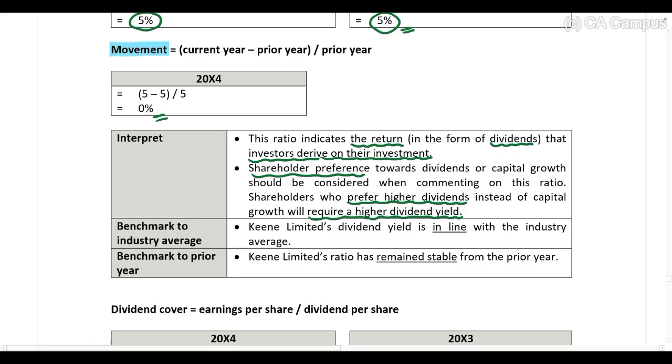We can also benchmark this to the industry average. Remember, the industry average was also 5%, so Keen Limited's dividend yield is in line with the industry average. And we can also benchmark to the prior year. Once again, there's no movement from the prior year to the current year. So Keen Limited's ratio has remained stable from the prior year.